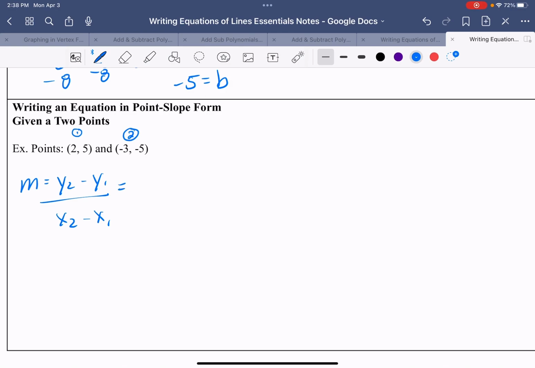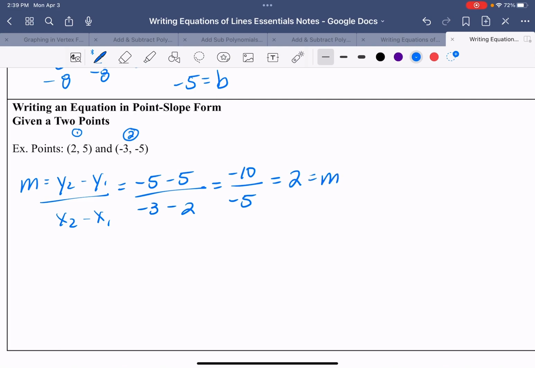It's okay. Whatever you need to do to make it work for you so you can keep them straight. So I'm going to do -5 minus 5 over -3 minus 2. All right, and my answer is going to be -10 over -5, which is the same thing as 2. So m is equal to 2.